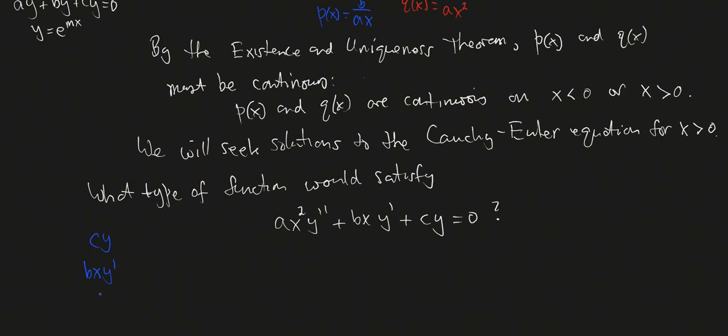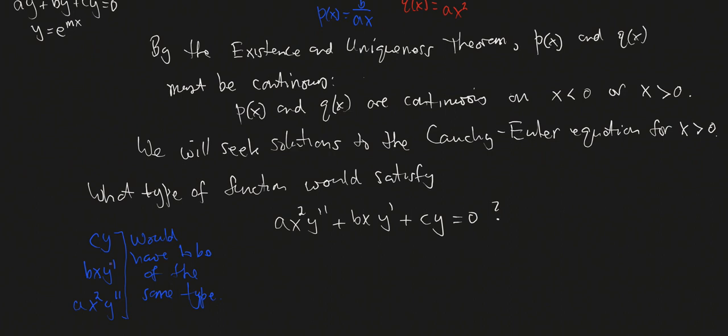bx y prime, and ax squared y double prime all to be the same type of function, right? It would all have to be the same type of function so that when I add all of these together with the right coefficients, obviously, everything would cancel out and we would get 0. So these would have to be of the same type.